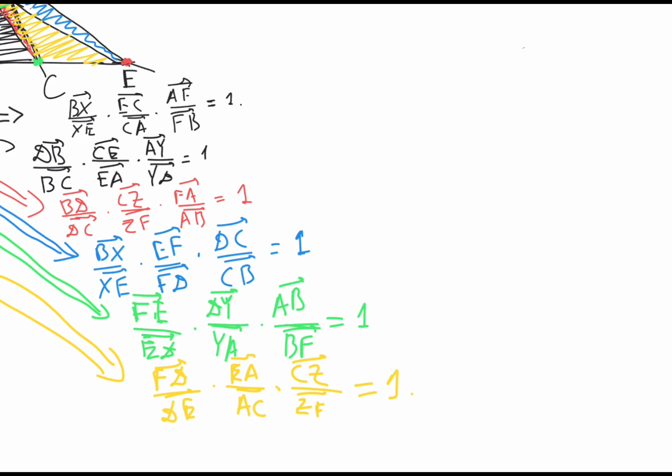So I remove this equal 1 everywhere, and I just write that this is multiplication. So each one of them is multiplied by the next line. So all of this is multiplication. So when we multiply all of this, at the end we should get 1. So now we look at what is cancelled. There should be a bunch of stuff that is cancelled.